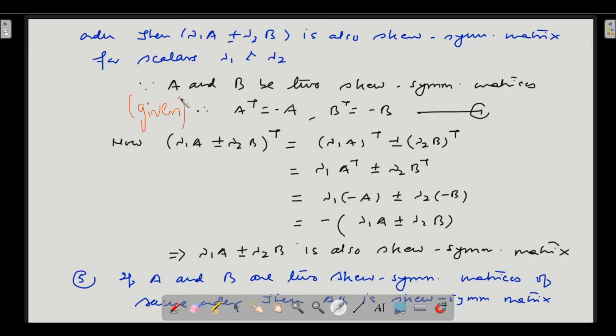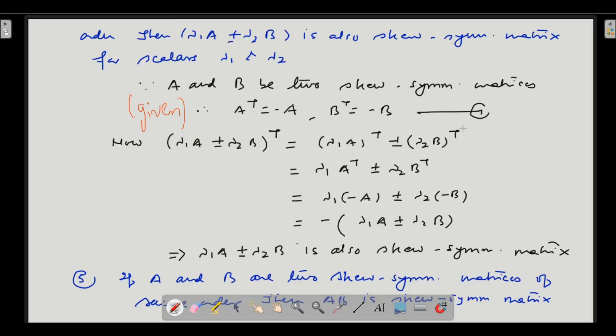Now (λ₁A plus minus λ₂B) complete transpose is equal to this.